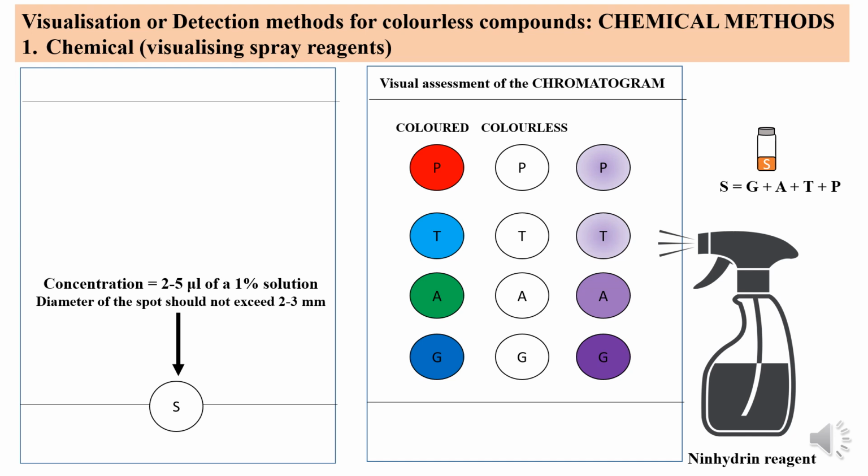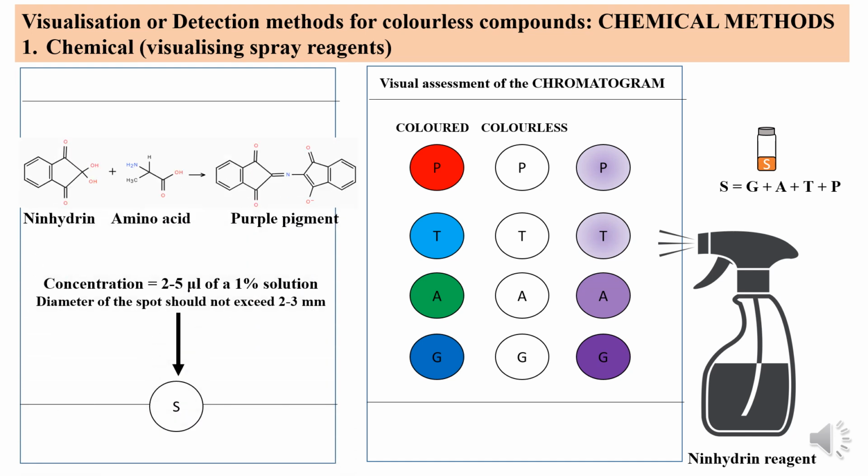Now the purple spots are a result of a chemical reaction between ninhydrin and amino acids. And here is the chemical reaction between ninhydrin and amino acid. The amino acid chemically reacts with the ninhydrin reagent that is sprayed over the paper, and this results in a purple pigment. So the purple coloration is because of the reaction between the amino acid and the ninhydrin.